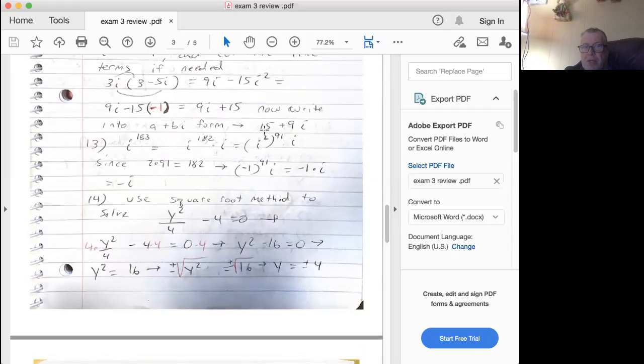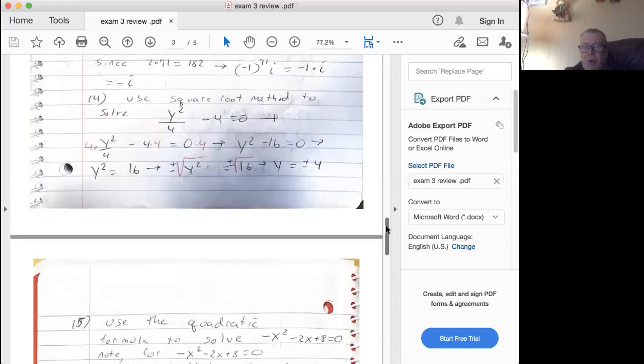So I'm going to write this as i squared to the 91. Okay. i squared is negative 1. If this exponent is odd, then it stays as negative 1. If it's even, it becomes positive 1. Since it's odd, it's going to stay as negative 1. So negative 1 times i, or negative i, is our answer.